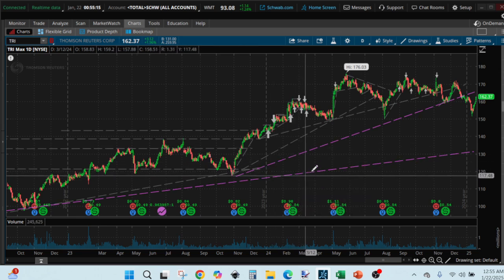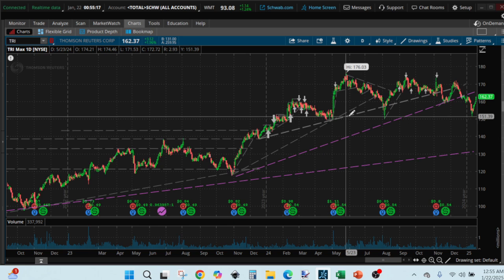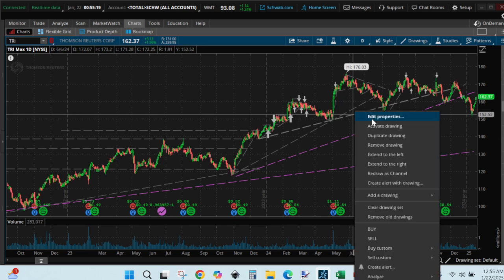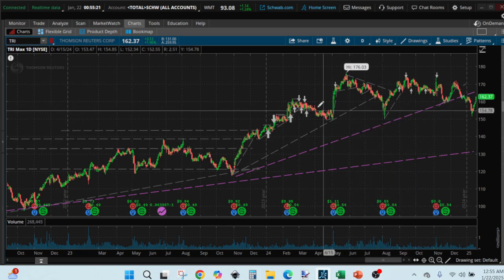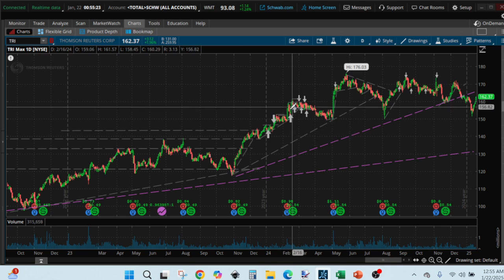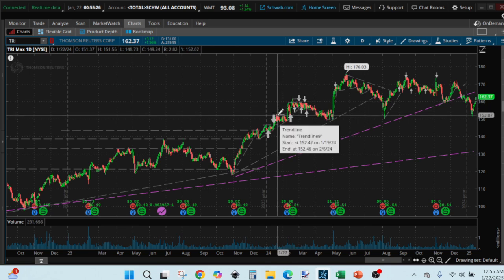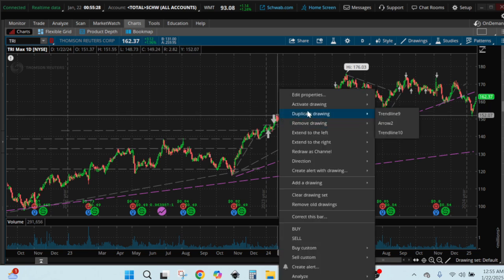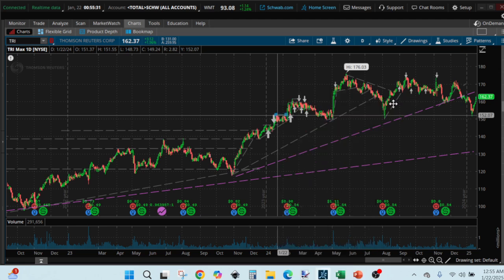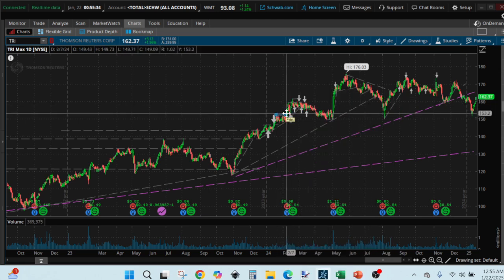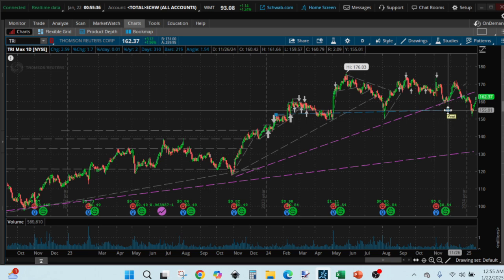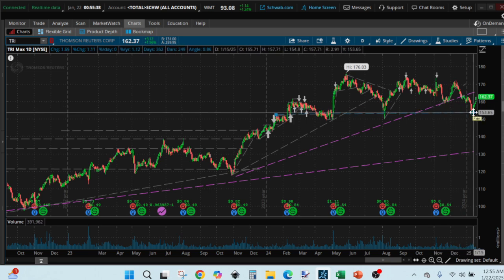I don't know how strong this line is, but it does come down to this as well. And at this point, let me take this line out of here. At this point I can trace what I'm seeing. Let me activate one of those. I don't know which one that is, but let's bring it down.